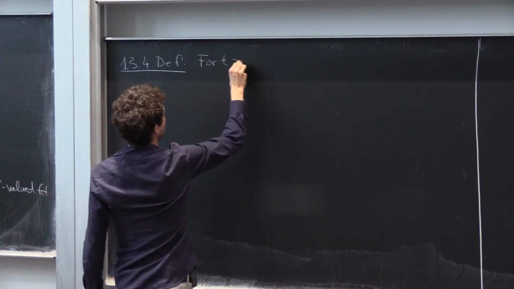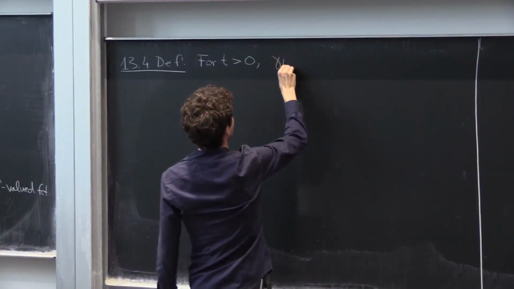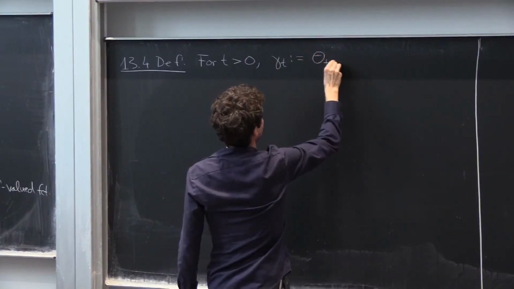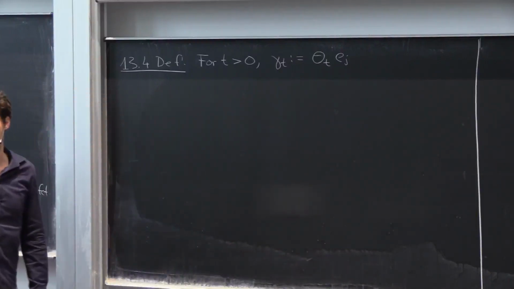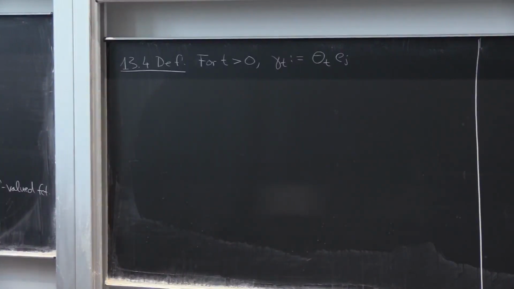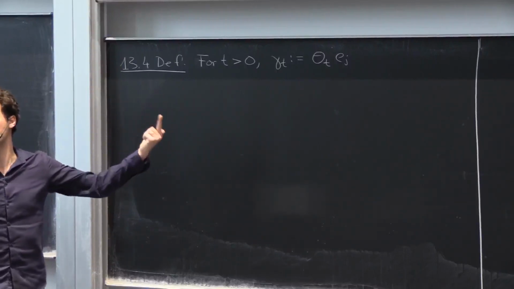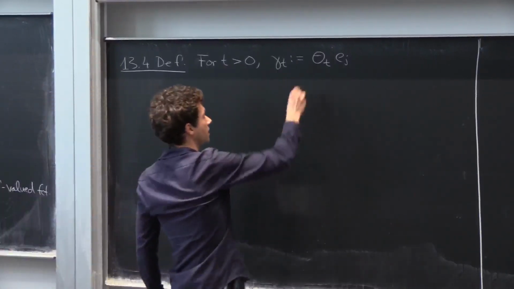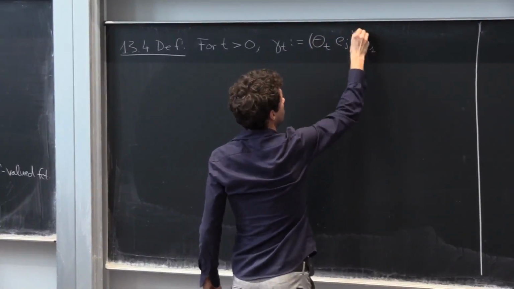For t positive, I'm going to set gamma of t to be theta t applied to e_j. The e_j are my standard unit vectors in C^n, and I identify them with a constant function that takes this value constantly, to ease notation a little bit. And so theta t is going to be a vector valued function.